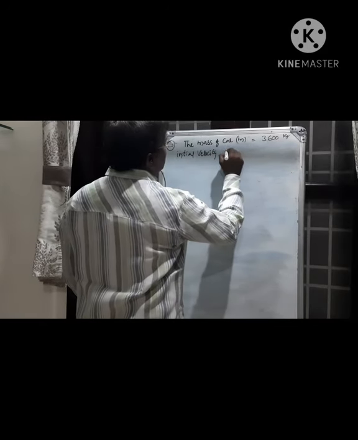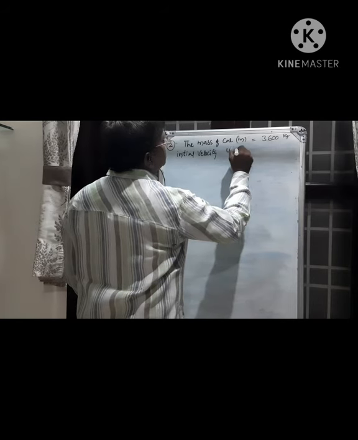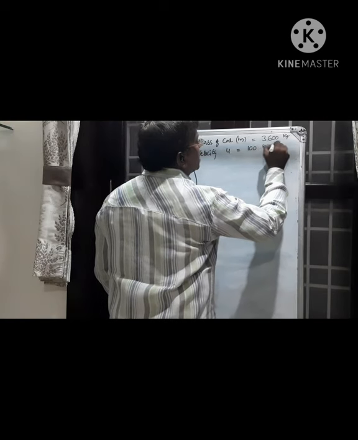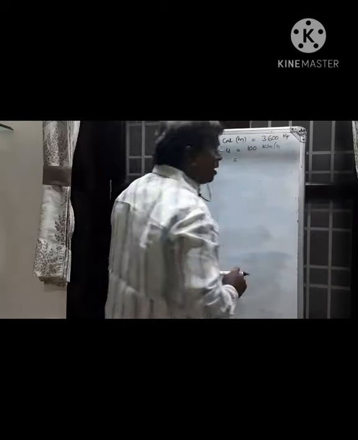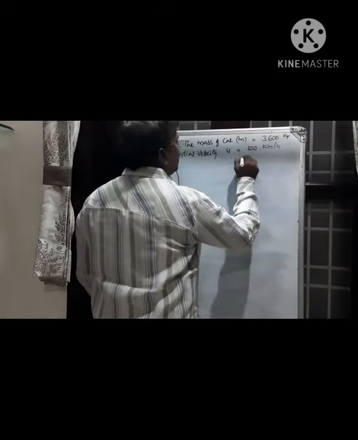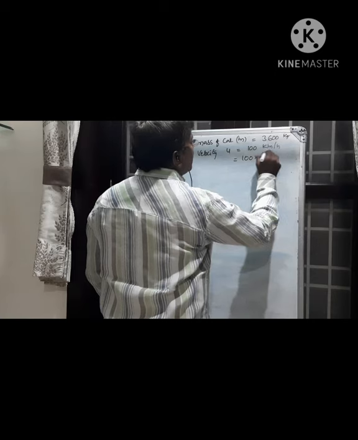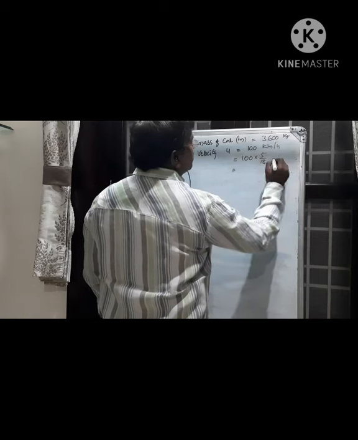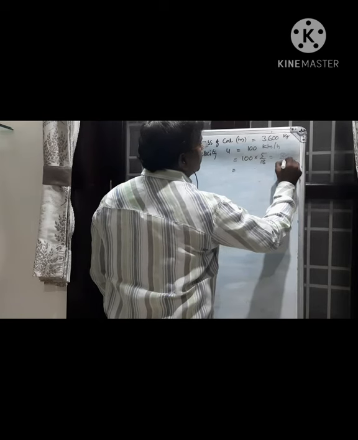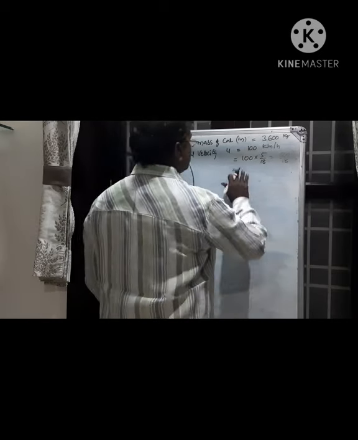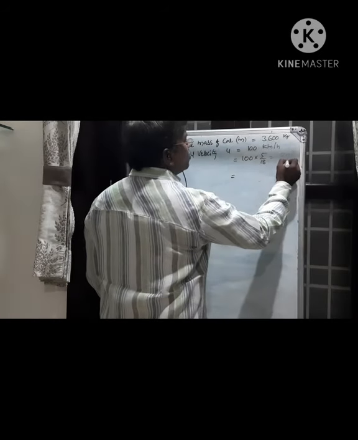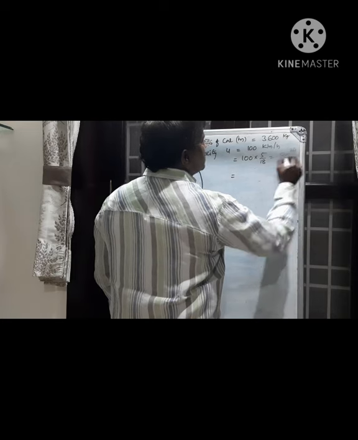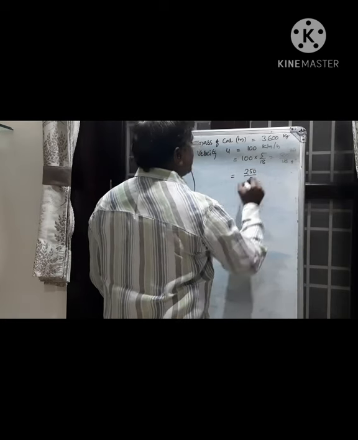Initial velocity, let us say u, is given as 100 kilometers per hour. We have to convert it into meters per second. So for that we multiply with 5 by 18, then 500 by 18, then with 2 we can strike it out, 250 by 9, that is u.